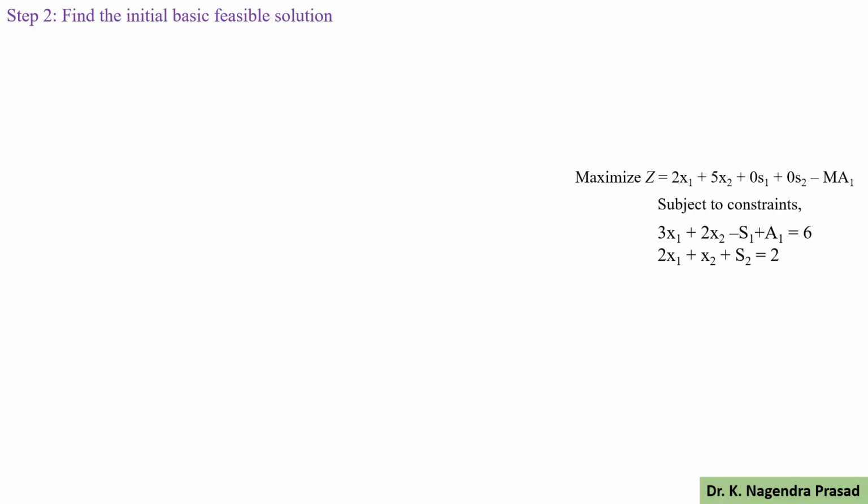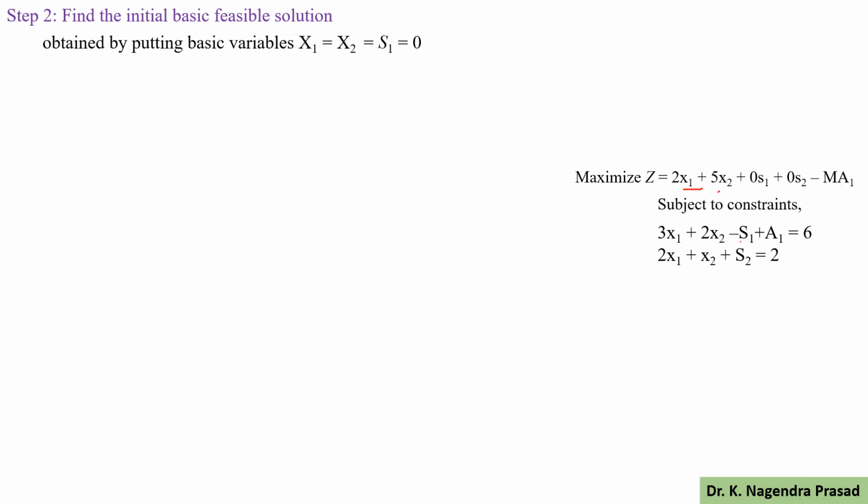Second step is to find the initial basic feasible solution. For this, assume the non-basic variables, that is x1, x2 and the surplus variable S1, are 0 and substitute in the constraint equations.